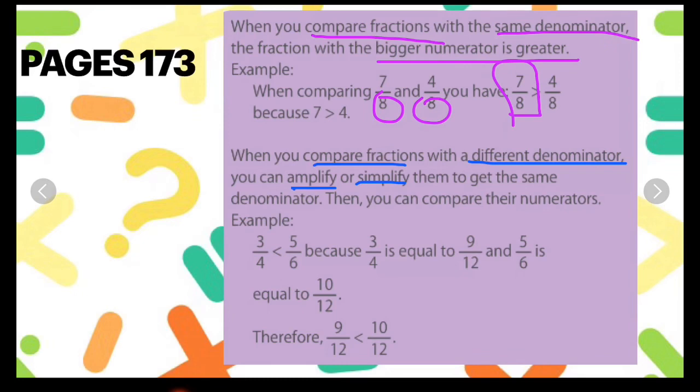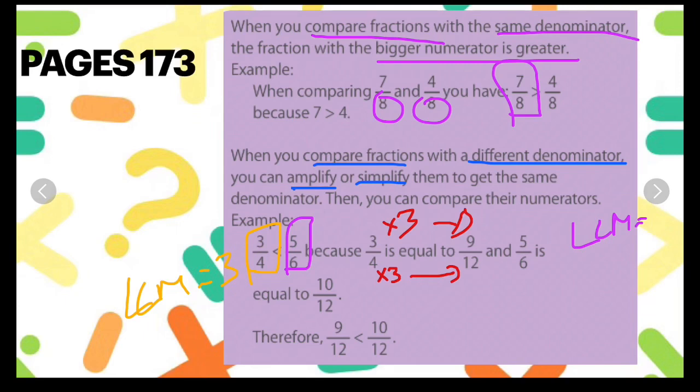For example, if you multiply 3 times 3 equals 9 and 4 times 3 equals 12, that is the same. Now 5 times 3 is not. So for this fraction the common multiple is 3, and for 5/6 the common multiple is 2.